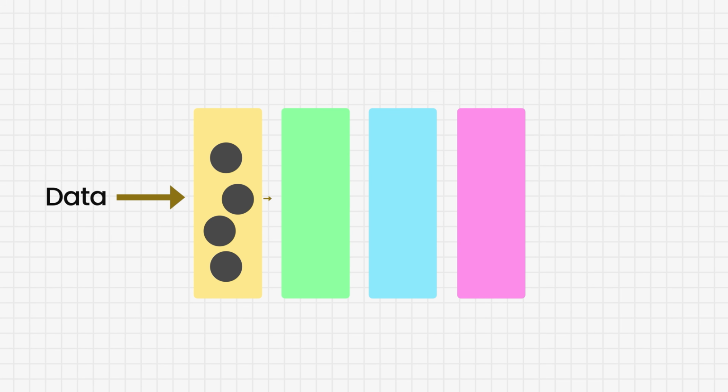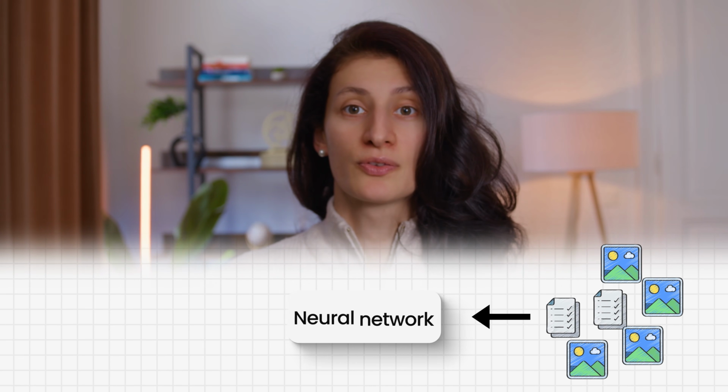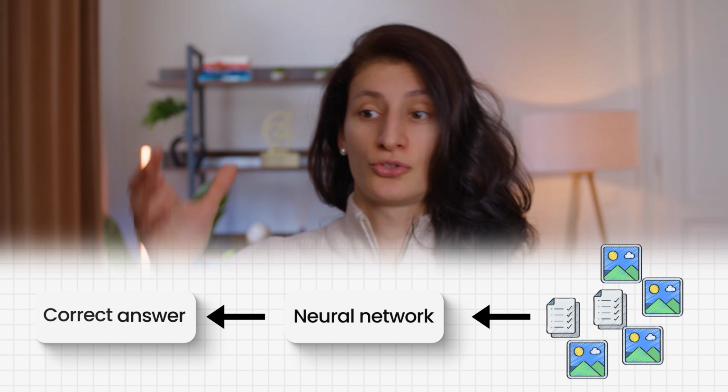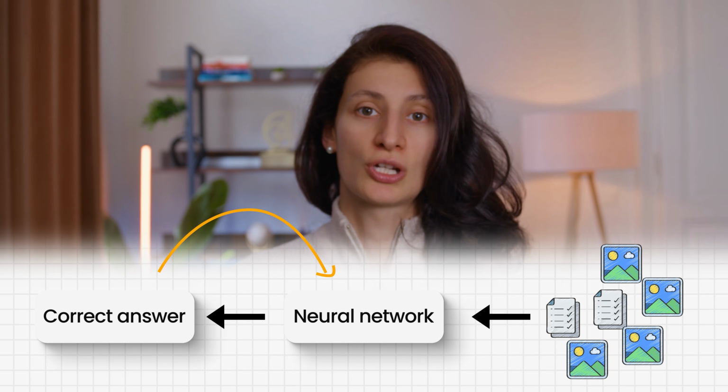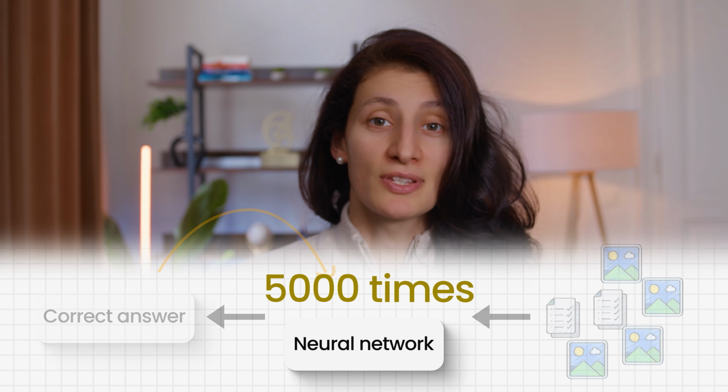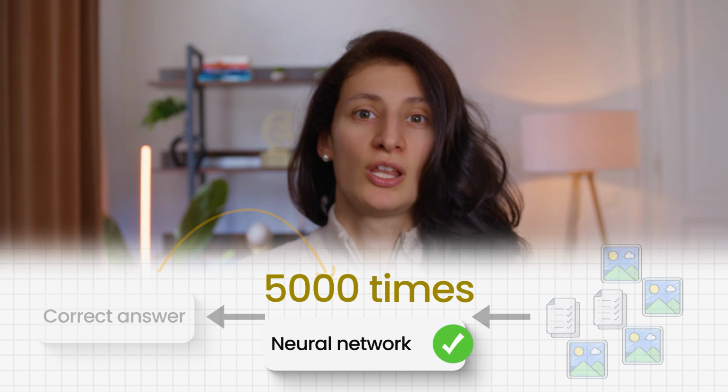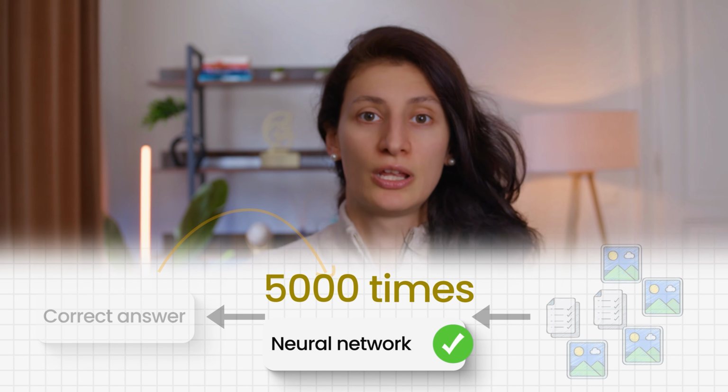Data goes in one end, each layer transforms the data a little bit, and out the other end comes an answer. And the magic here is in training. You run millions of examples through it, compare the output to the correct answer, and nudge the network to do better each time. If you do that enough times, the network gets really, really good through this continuous learning loop.